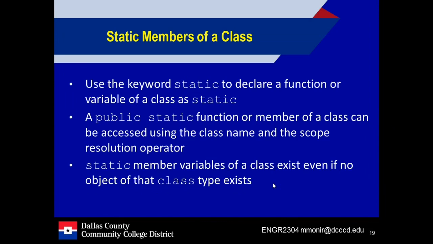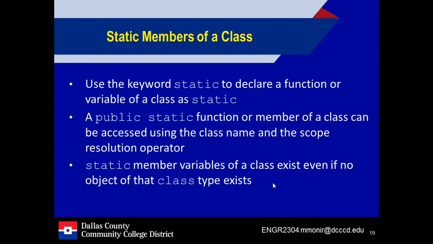One more important thing is that in a class we can have static members. What does static mean? Any member in a class cannot be accessed directly unless we create an object of that class, and then we access members or variables through that object.